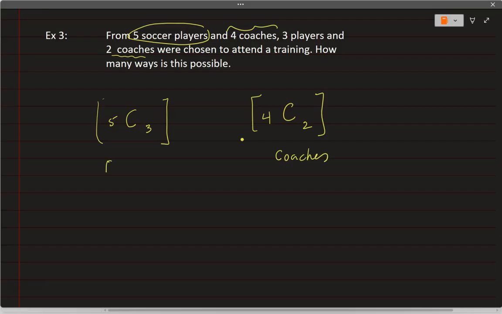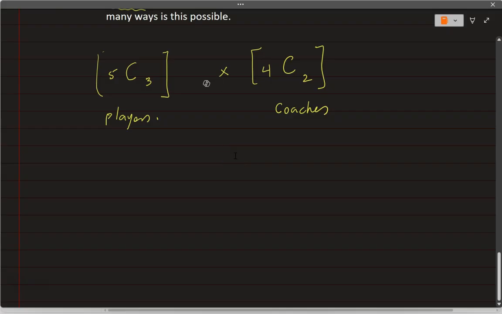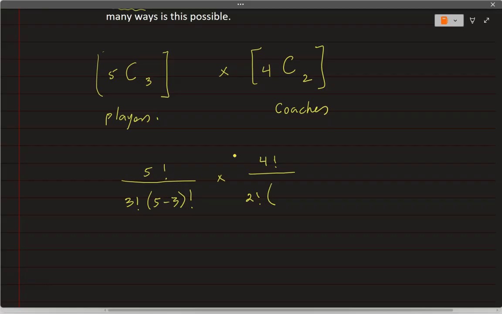Okay, so this is for players. Now, to get the total possible number, we have to multiply them. That's what you have to do. All right, so let's do the math on that one. You put them all together: 5 factorial over 3 factorial times (5 minus 3) factorial, times 4 factorial over 2 factorial times (4 minus 2) factorial.